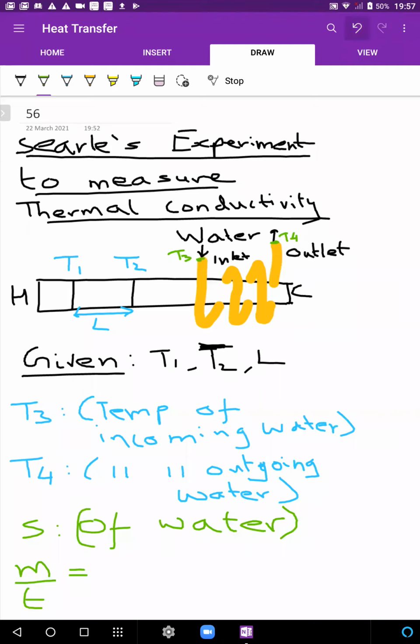So this is the amount of mass of water entering that inlet per unit time. So 5 kg of water enters each second. So that's the rate of water flow. So you'll be given all of this.